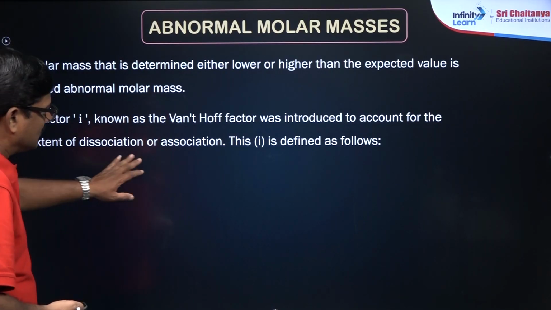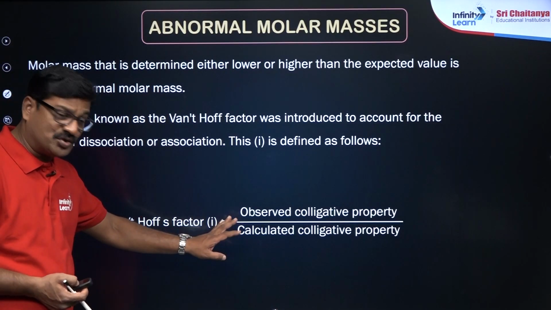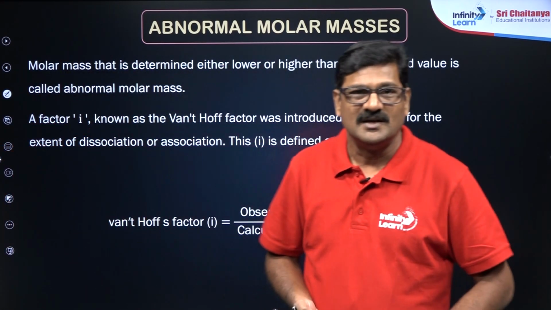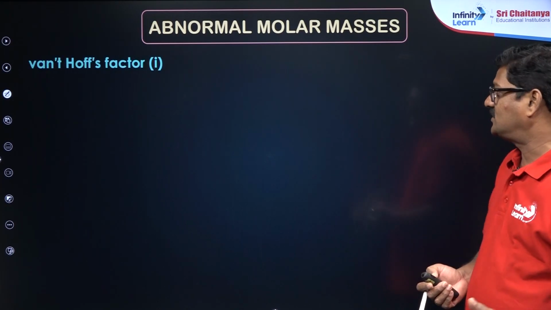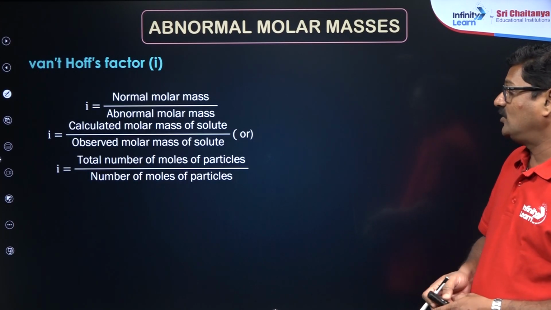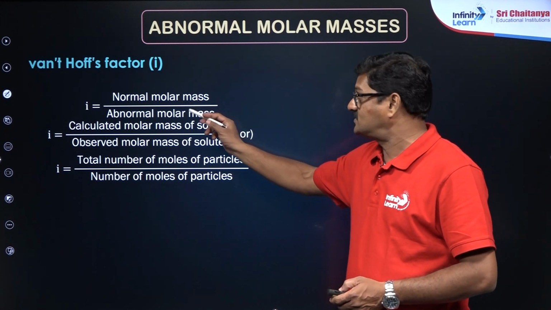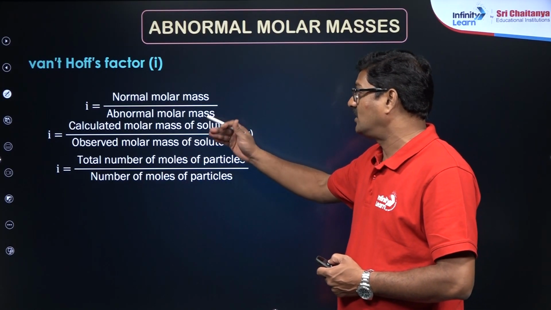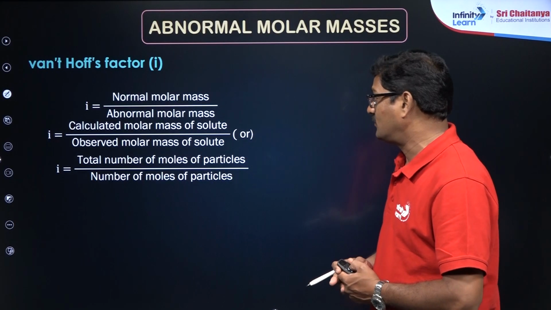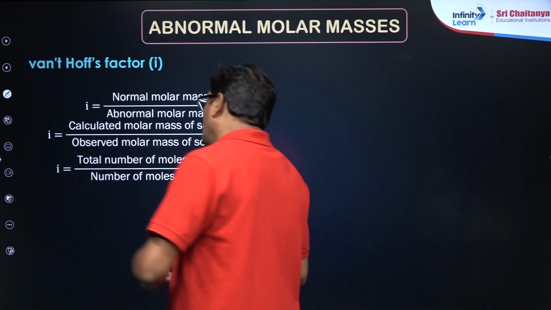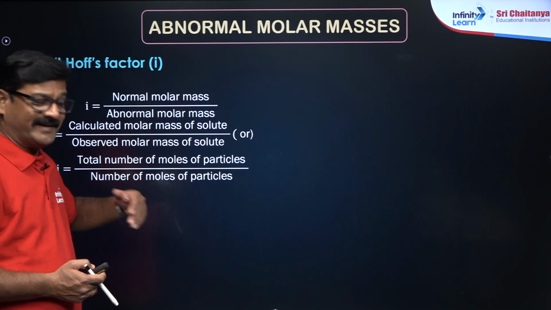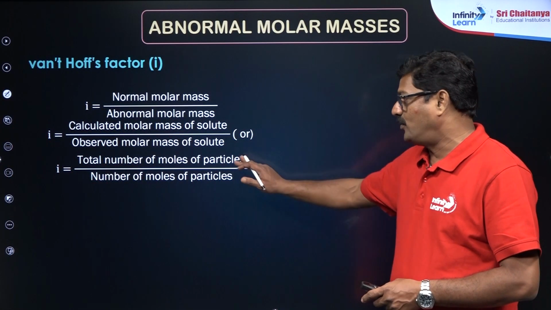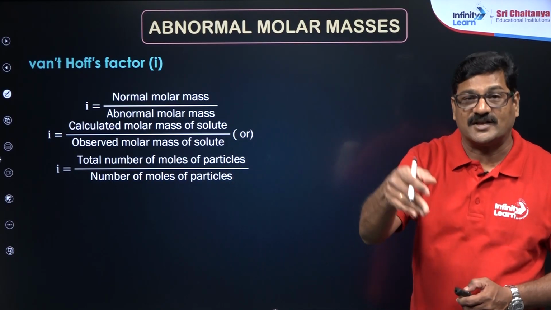So, what I mean to say, the van't Hoff factor is the ratio of the observed colligative property upon the calculated colligative property. That can be given in terms of association or dissociation. So, the i value is equal to normal molecular mass upon abnormal molecular mass, or i is the calculated molecular mass of a solute upon the observed molecular mass, or also you can say i is equal to the total number of moles of particles after dissociation or association upon the number of moles of particles which were actually dissolved.